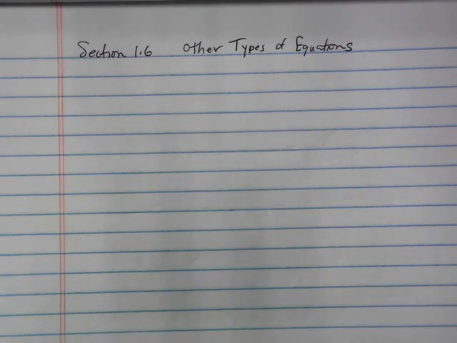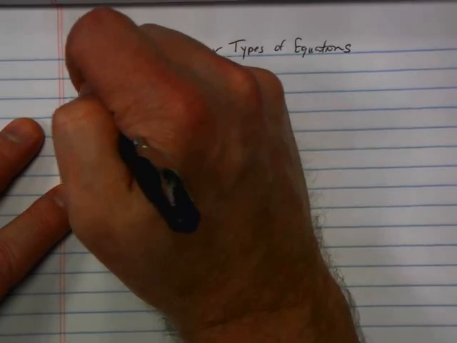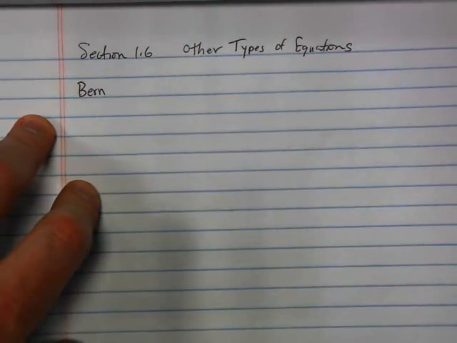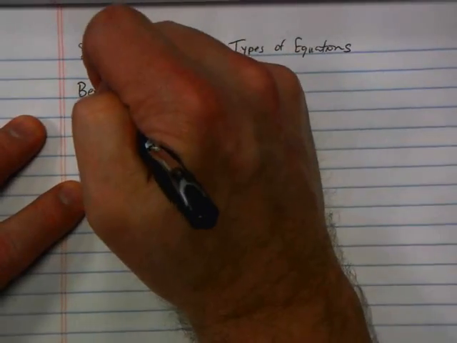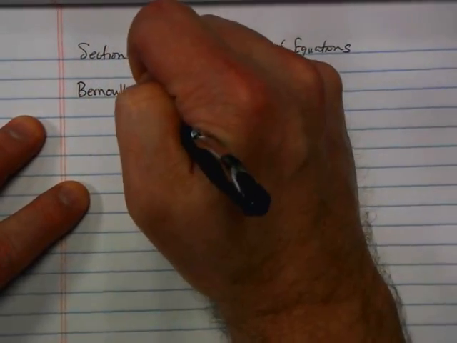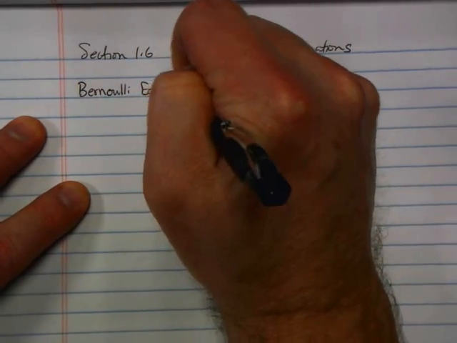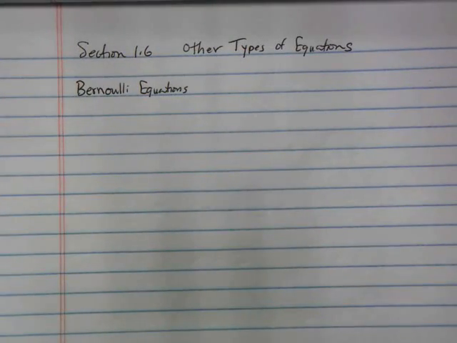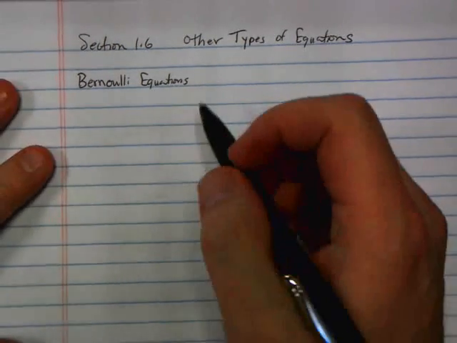And I'm going to start with Bernoulli. The book does not start with Bernoulli, it starts with different types. I'm going to start with Bernoulli, and the reason will become evident in just a minute.